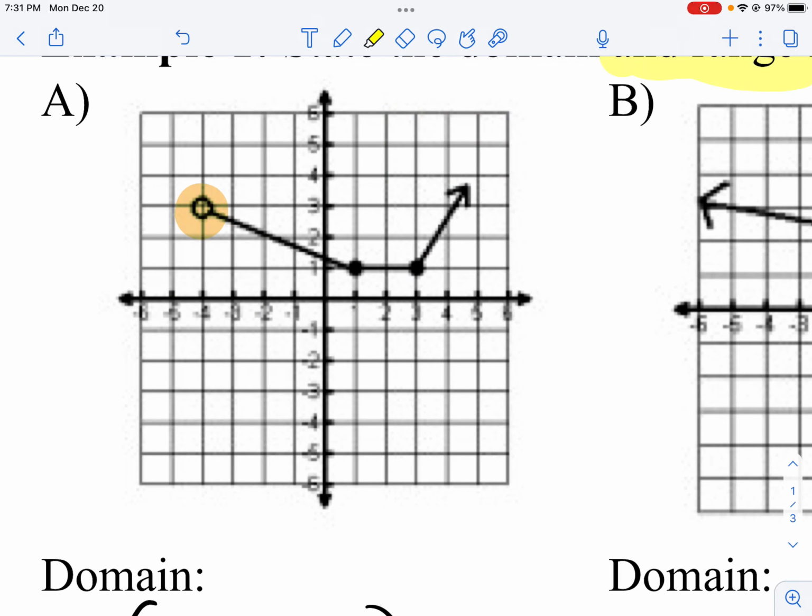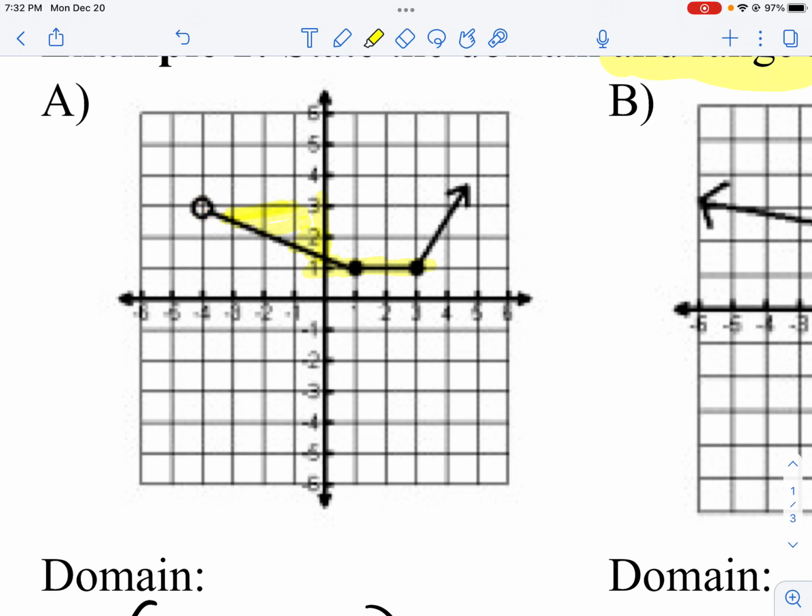Alright, now this one's a little bit harder to think of, but it's still not too bad. So let's imagine for this first graph, we look at the y values. If we were to squish this graph horizontally onto the y-axis, we'll notice that we have values for all of this. Now, don't be fooled.